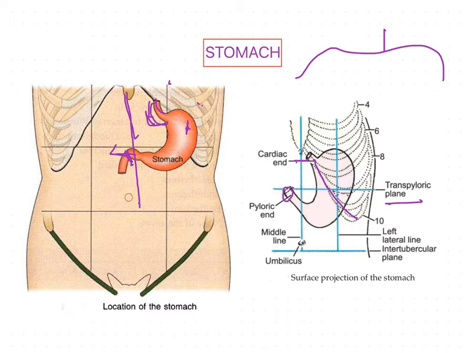How can you identify this pyloric orifice? It has a circular groove. This is due to the underlying pyloric sphincter.